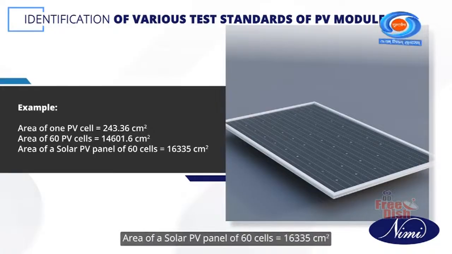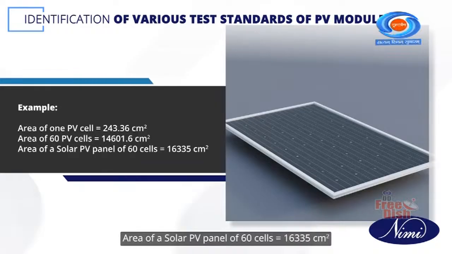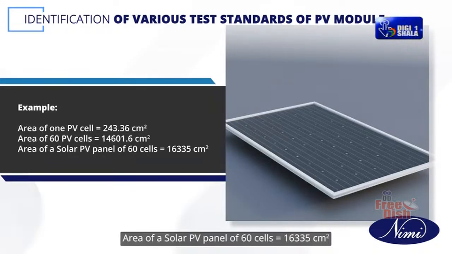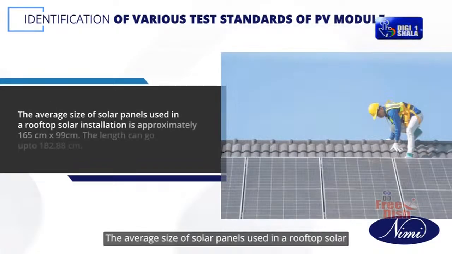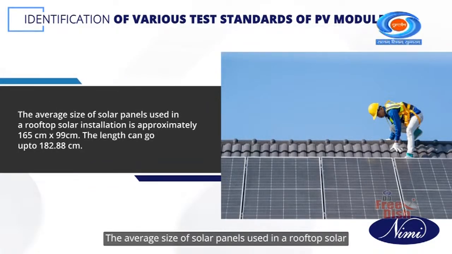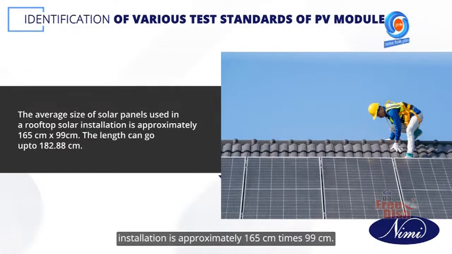Area of a solar PV panel of 60 cells is equal to 16,335 cm square.